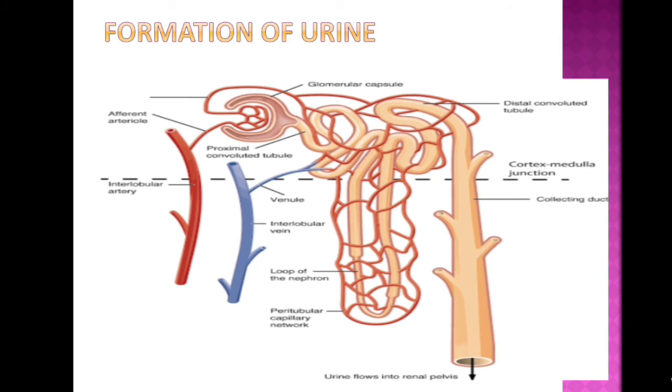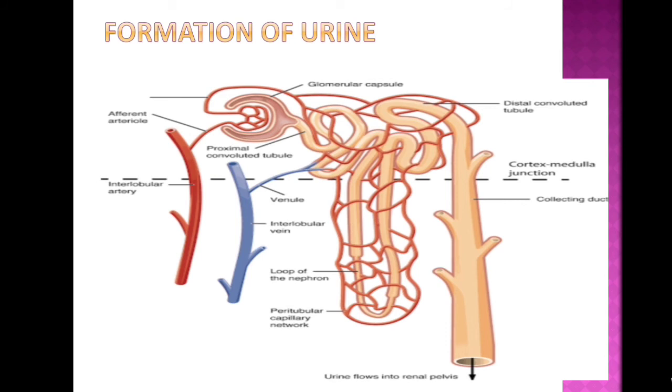So in the diagram here all the parts are mentioned: which one is the afferent arteriole, which one is the venule, which one is the collecting duct, then the loop of the nephron. Okay, just look at the diagram.